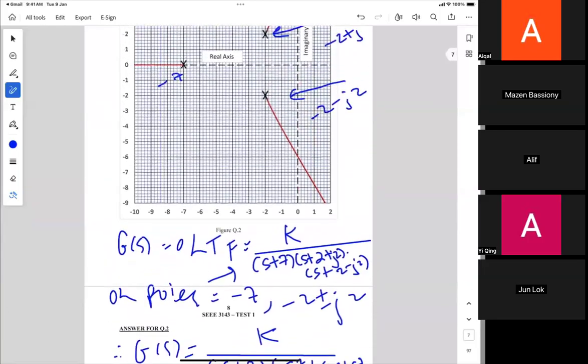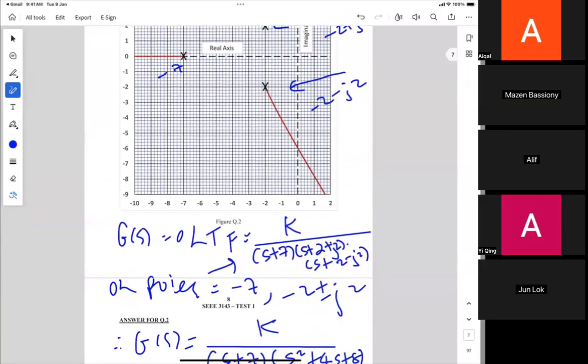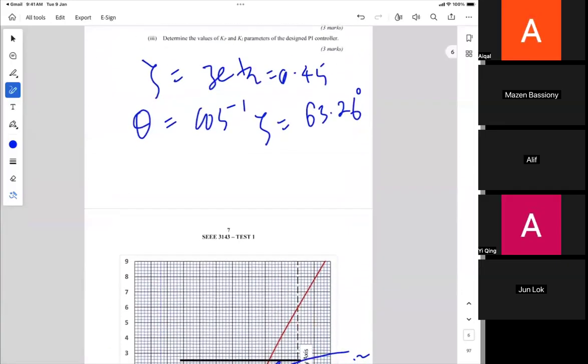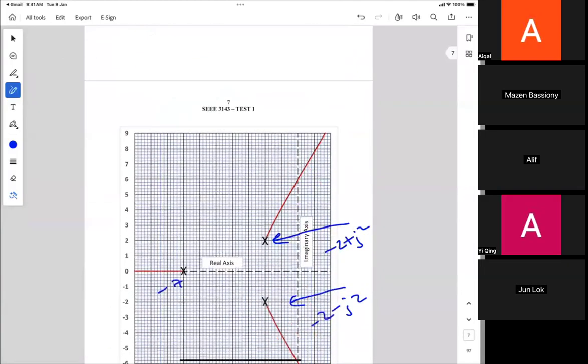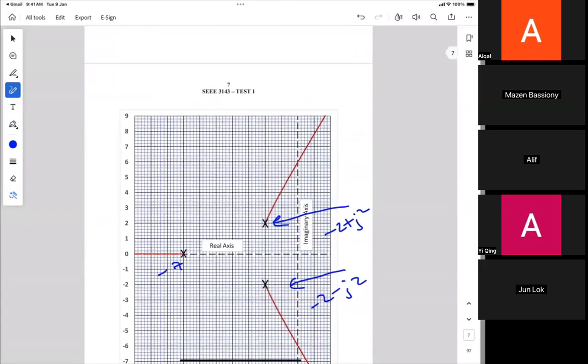Alright. So now theta is what? 63.26. I don't have a protractor. Somebody who has a protractor, please give the associated values.